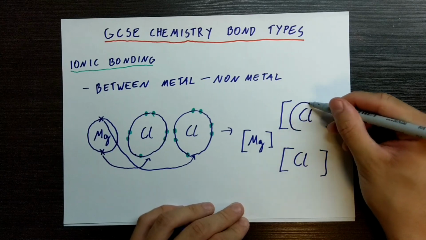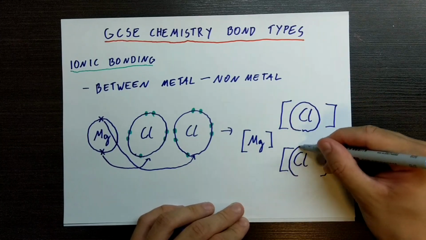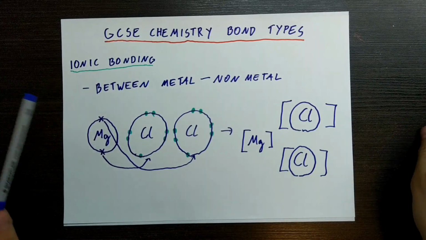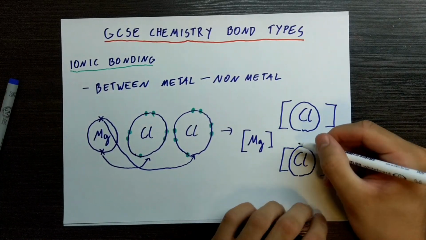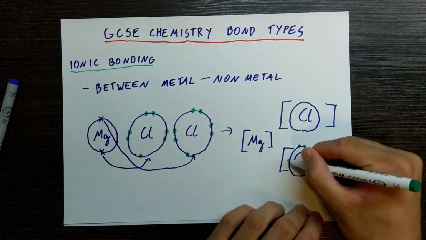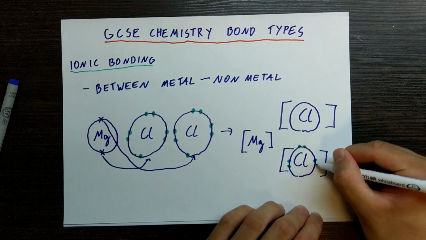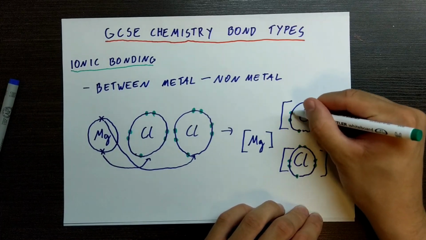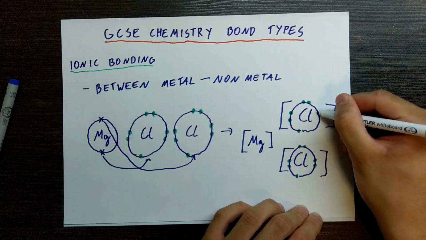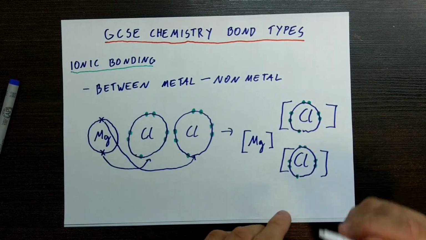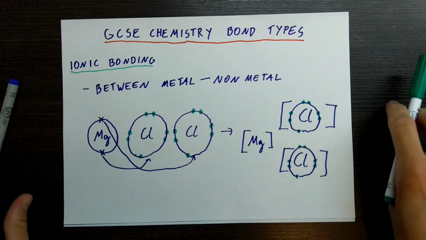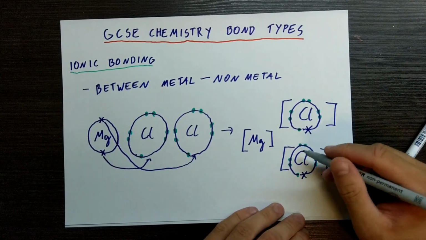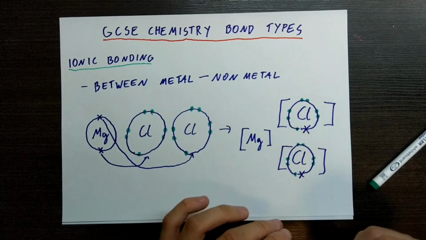However, chlorines have full outer shells. So chlorines have now 7 of their own electrons, like this. However, they also have 1 electron from magnesium each. So 1 here and 1 here. And now they have full outer electron shells.